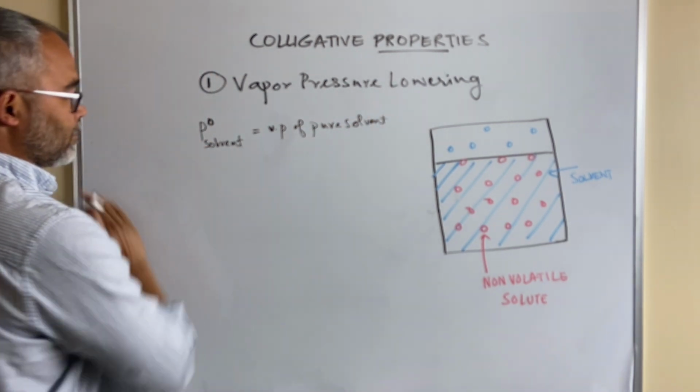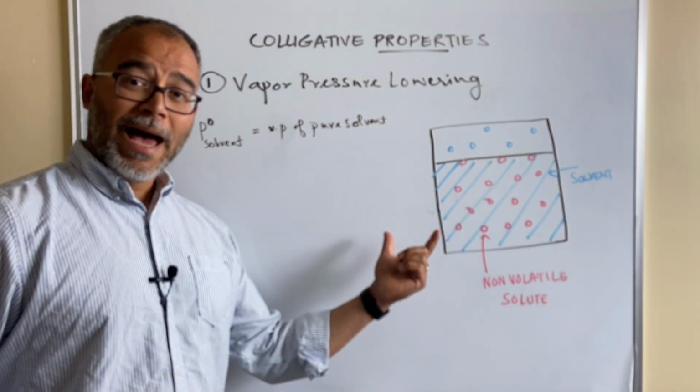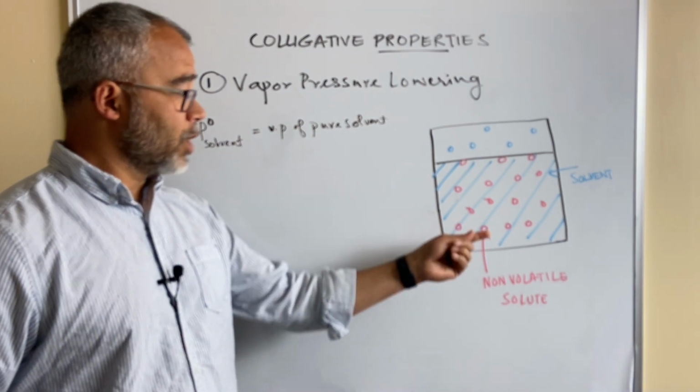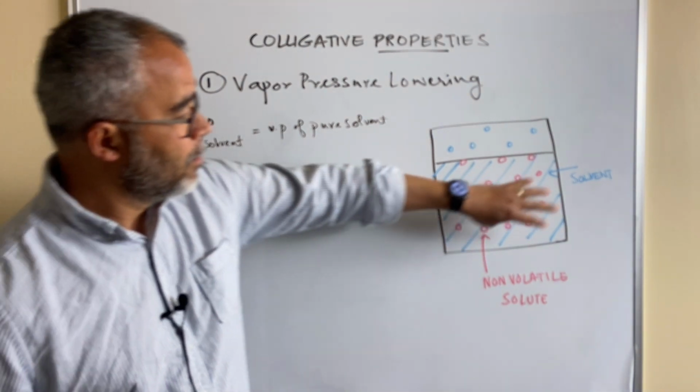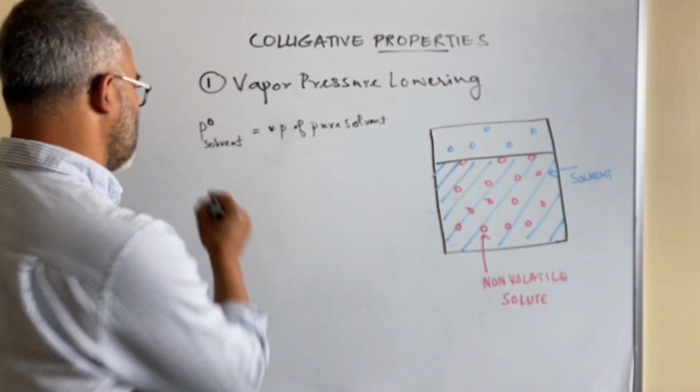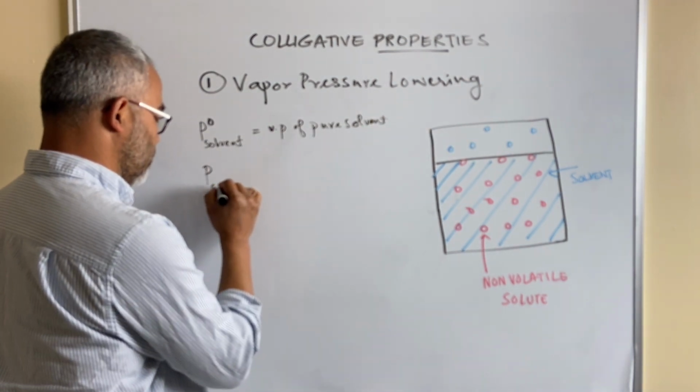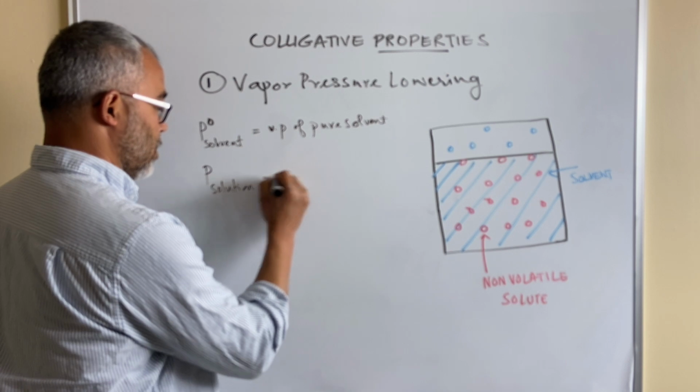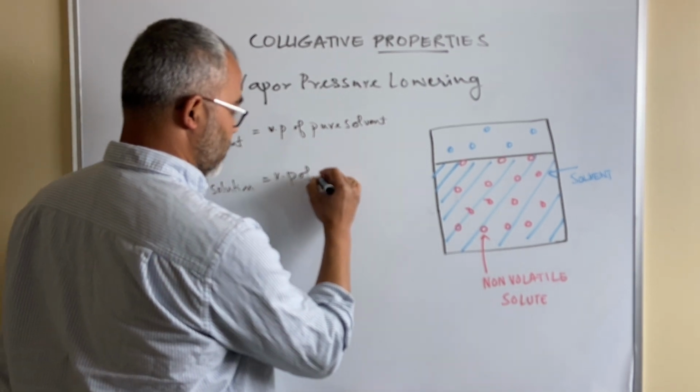And then what's happened is the vapor pressure of the solution, which means when this got mixed together, that vapor pressure actually went down. So let's call that P of solution, the vapor pressure of solution.